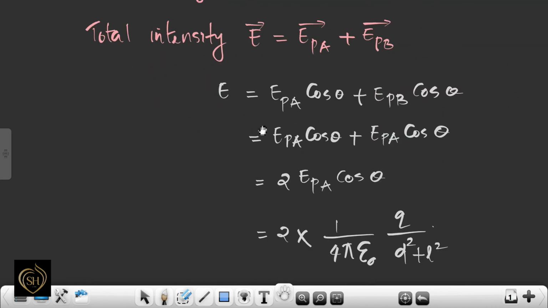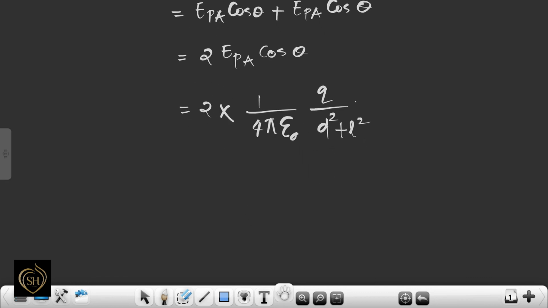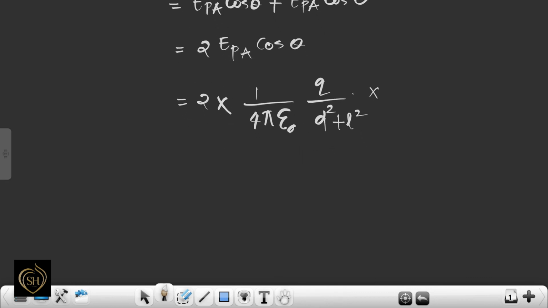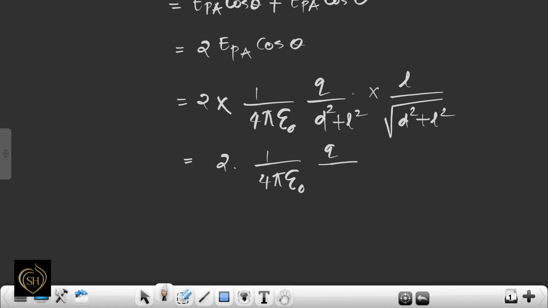Then we get 2 into 1 by 4 pi epsilon 0 q divided by d square plus L square, into L divided by root of d square plus L square, which can be written as d square plus L square the whole raised to half.